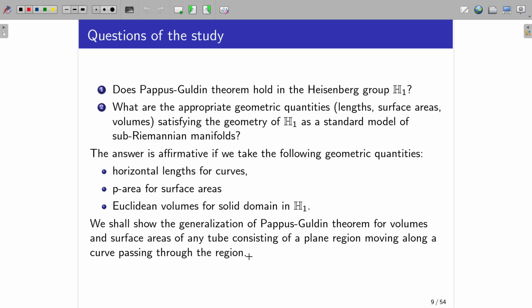We will show the generalization of Pappas-Gooding theory for volumes and surfaces of any tube consisting of a plane region moving along a curve, any curve, not just a planar curve. It could be a spatial curve in three-dimensional Euclidean space. Actually, I will explain this more later on.